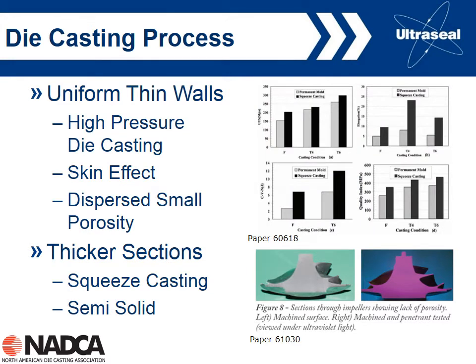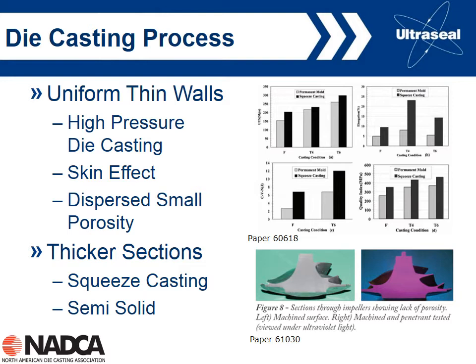So again, talking about choosing the process, generally when you have a casting with uniform thin walls, we're looking at conventional high pressure die casting. We're trying to take advantage of the skin effect, and we'll talk about this later on in the webinar. But generally we're going to get fine dispersed porosity. For castings with thicker sections, maybe you want to look at squeeze casting or semi-solid casting.